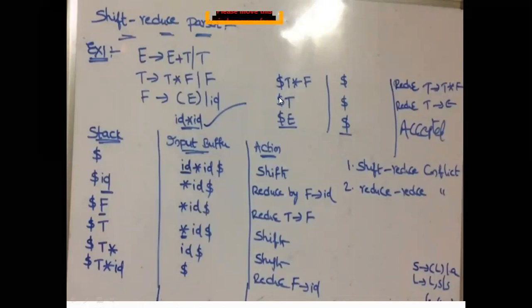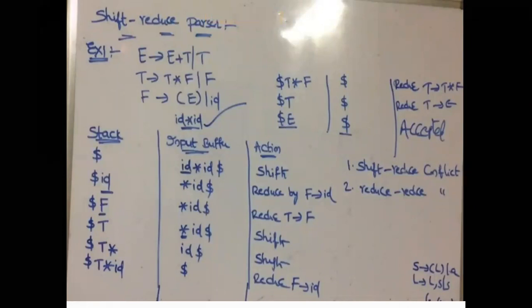Then finally T is in the right hand side, and it is replaced with the left side non-terminal, that is capital E. So we are replacing with capital E. As in the previous example, what is the action?